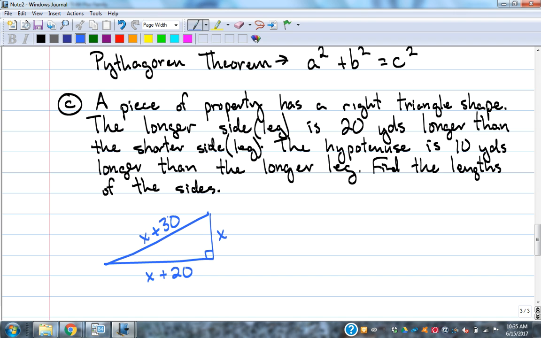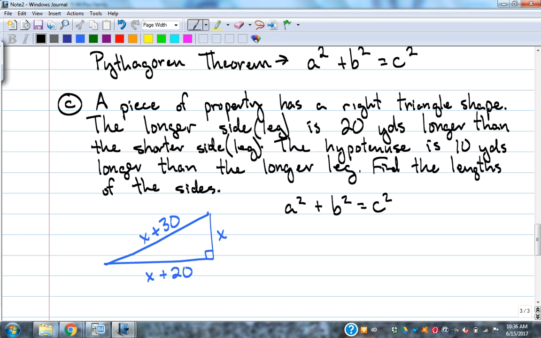And remember, with right triangles, the hypotenuse should be the longest side anyway. Okay. So, Pythagorean theorem, a squared plus b squared equals c squared. That c is the hypotenuse always.